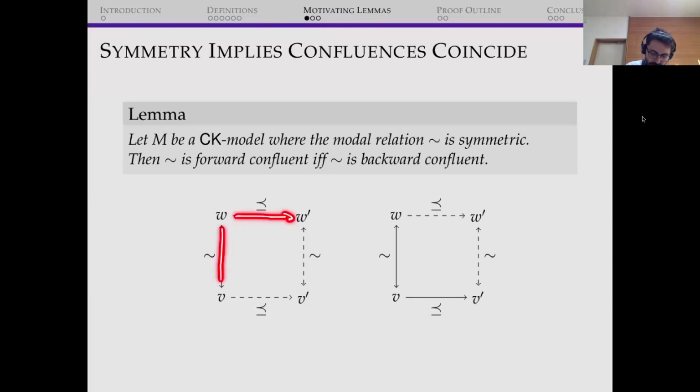One confluence is that you have this and you get this, and the other one is that you have this and you get this. But now if the relation is symmetric, we get things like this. Flip this one vertically and you get the confluence you have. Or flip this one and you get the other one. So if we have some confluence, we have both of the confluences.